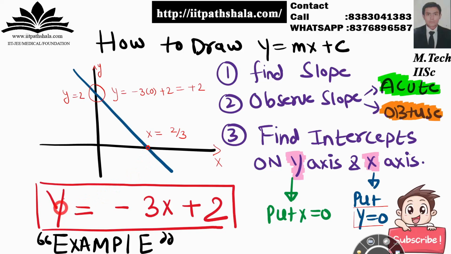Fine with that? Just put y equal to 0. Now you have your point number 1, this one, and point number 2, this one. Join both of them by a straight line. As you can see, I have an obtuse angle over here, which verifies that the slope is negative and my answer is correct.